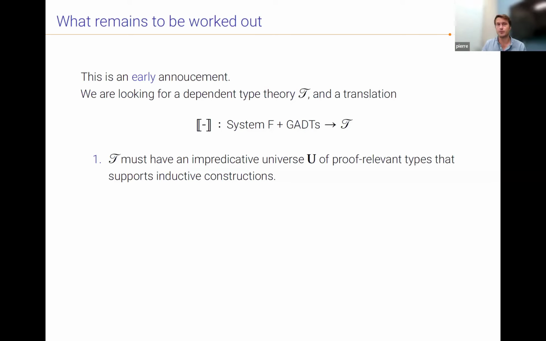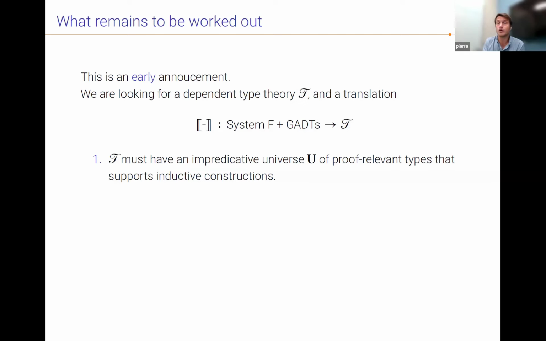We want this impredicative universe to support inductive constructions, because GADTs and ADTs and nested types, all the data types that we have seen, come from inductive constructions. And you could tell me, well, I know such a thing, like the universe Prop of Coq, for example, is exactly like that. But the universe Prop of Coq is only comprising propositions.